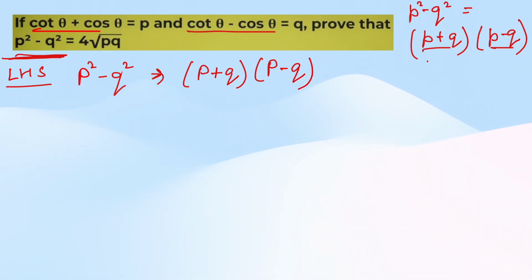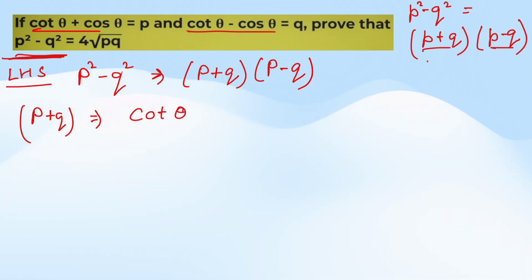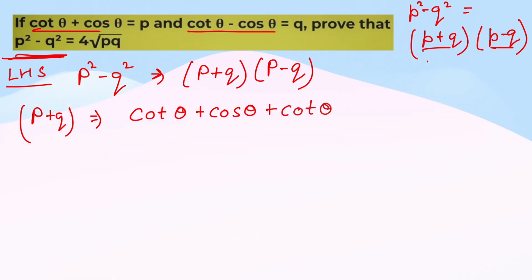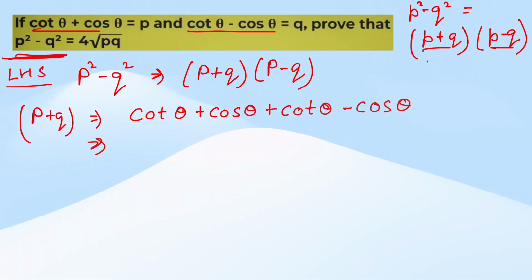Just add these two equations. p plus q will be cot theta plus cos theta, this is p, and if to this I add the second one, cot theta minus cos theta, I will get p plus q. It means p plus q is how much? Cos and cos cancel out. It will be 2 cot theta.